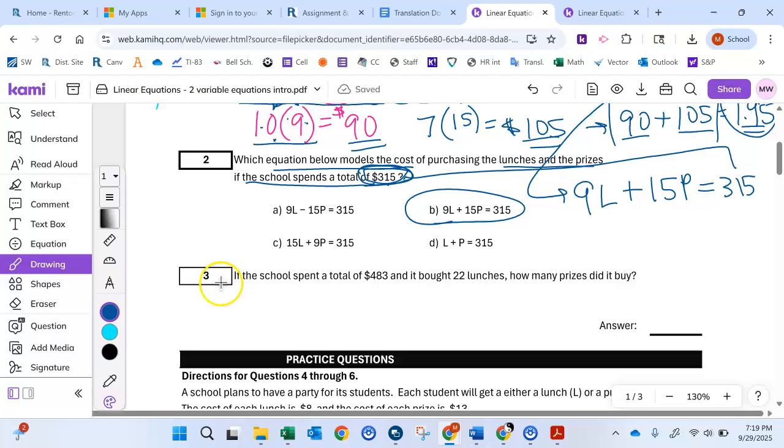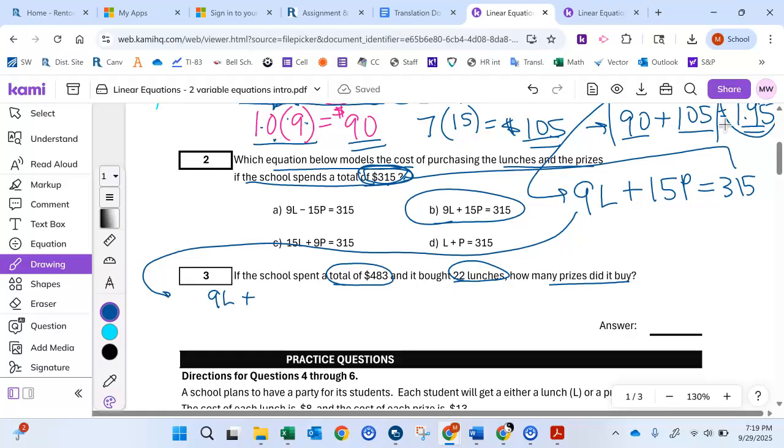So finally, number 3 is if the school spent a total of 483, and they bought 22 lunches, how many prizes did it buy? So we're going to use the same equation over here, right? I'm going to go 9 times the number of lunches plus 15 times the number of prizes equals, in this case, the total is 483.